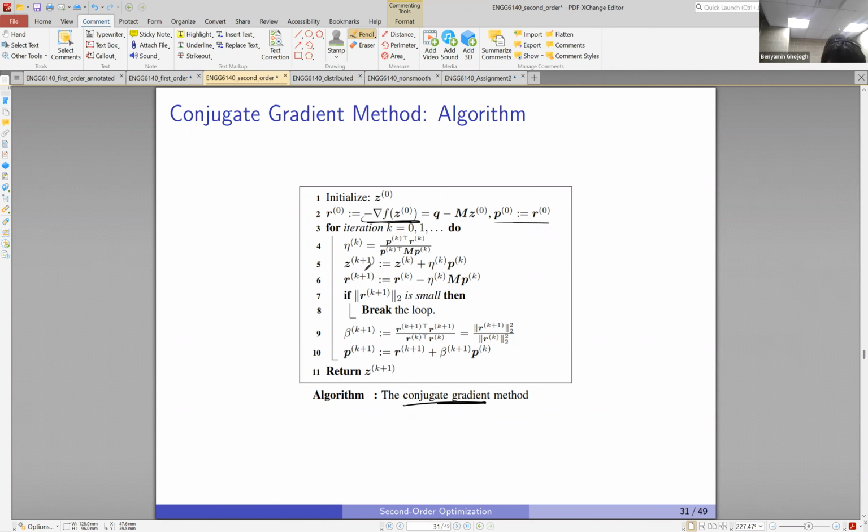And then in the next iteration, eta is also found by taking the derivative and setting it to 0. And we also have here the step of the iteration in the conjugate gradient. This is the residue which we calculate. If the residue is small enough, it means that the approximation is good enough, then break the loop, don't continue.